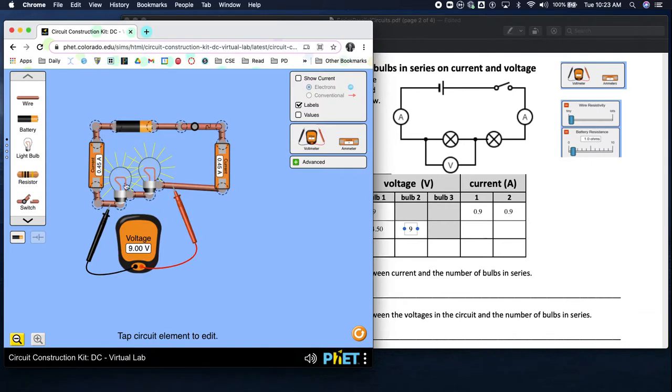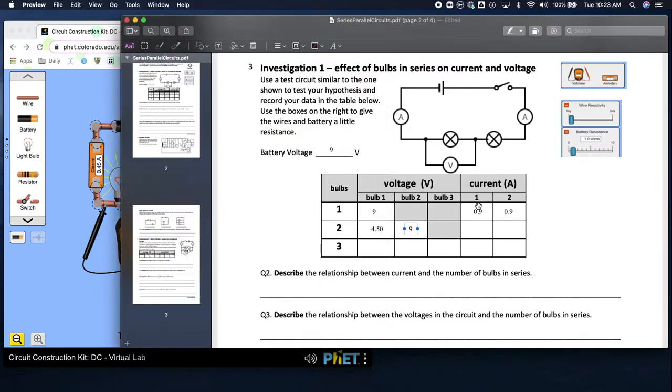So if I have 4.5 volts for this bulb, 4.5 volts for this bulb, add them together, and that gives me 9 volts. Our current is 0.45 amps on both of our ammeters, okay?